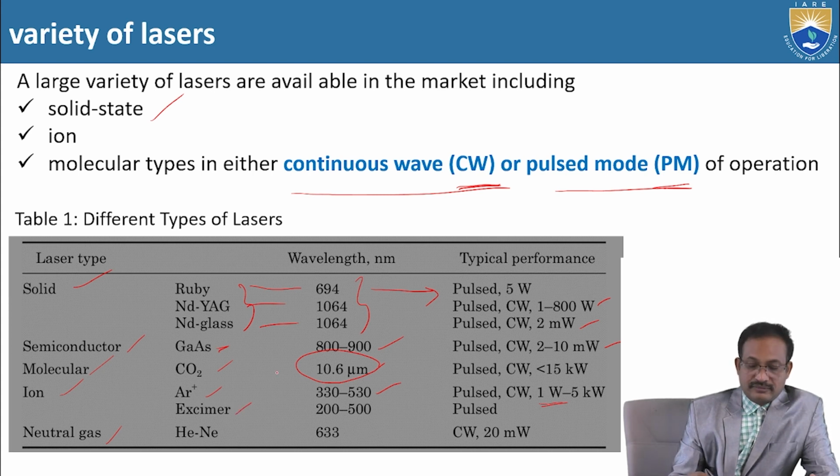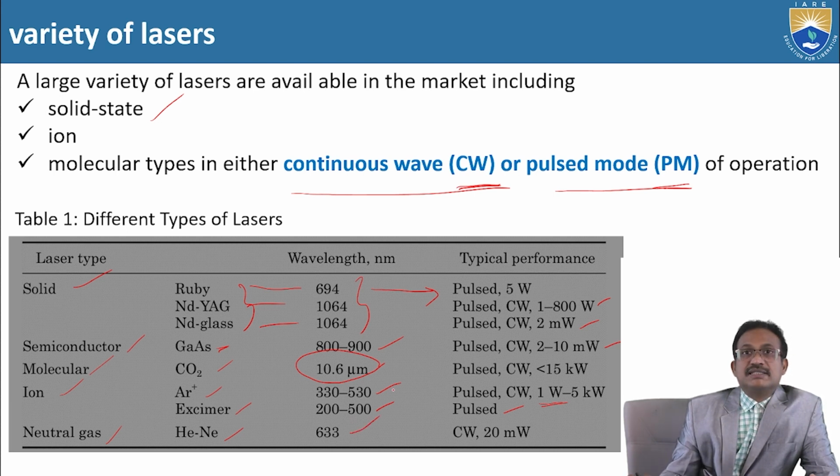Excimer is 200 to 500 nanometers in wavelength, and it is pulsed type only. For neutral gas, helium neon, the wavelength is 633 nanometers. This is exclusively continuous wave, 2 milliwatts.